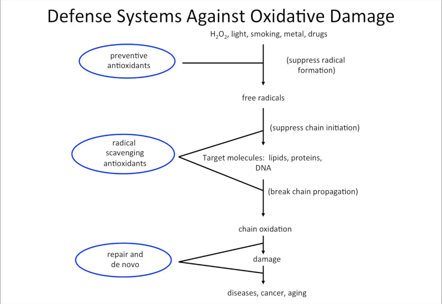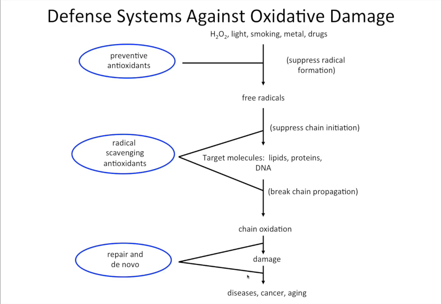But if you damage DNA, that's where a lot of problems come in, especially because at that point you could be changing the genetic makeup within the cell, and this could eventually lead to carcinomas and things of that nature. So if the radical scavenging antioxidants do not do their job, you'll end up going to this next step where you have chain oxidation. And then at that point, this is where you can have damage taking place.